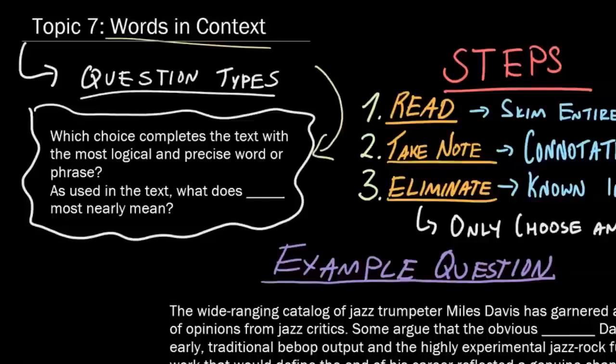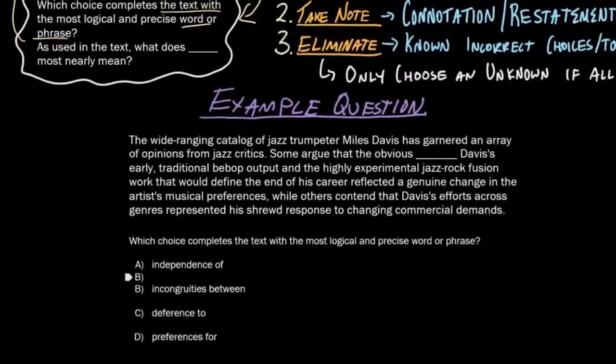So here we have, which choice completes the text with the most logical and precise word or phrase? Okay, and here we're focusing on words. Now, sometimes they'll give you a couple words that really make sense, but again, there's going to be a main word.